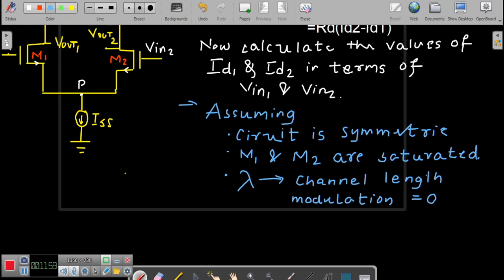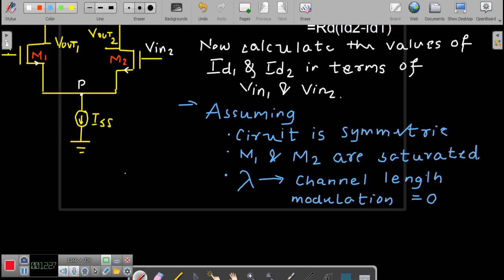And these are some of the constraints over which your MOS devices are going to operate. We have to assume a symmetric operation of the circuit, right? So then we have to have both M1 and M2 operated in the region of saturation, wherein you have got an expression for ID. Then we have got the channel length modulation parameter, which is generally considered in the operation of MOS devices, right?